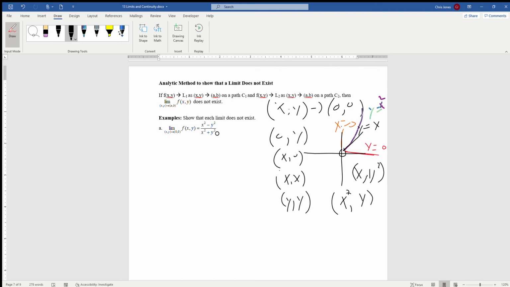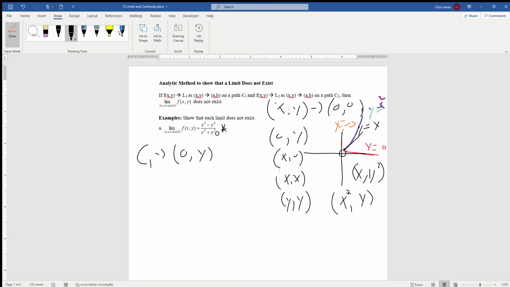Now you might remember that when we used our table of values, this was a limit that we showed did not exist. So let C1 be the path (0, y).